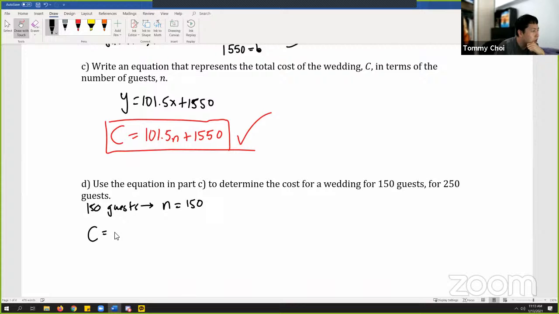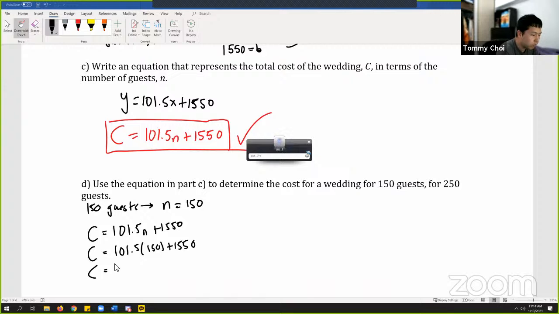Plugging it into our equation, C is equal to 101.5 times 150 plus 1550. The final answer you should get here is 16,775.